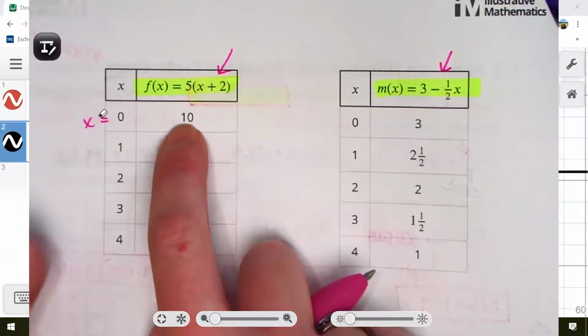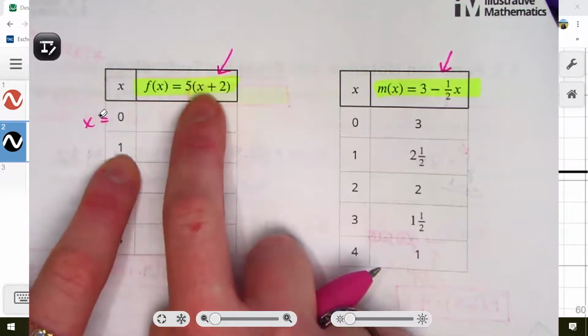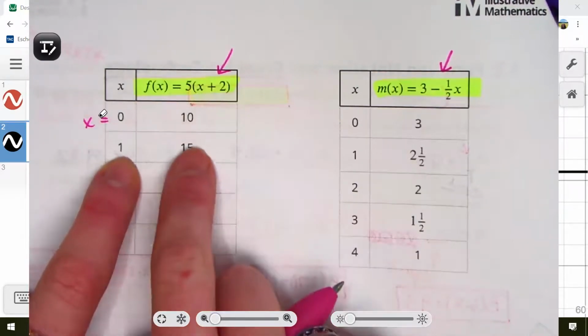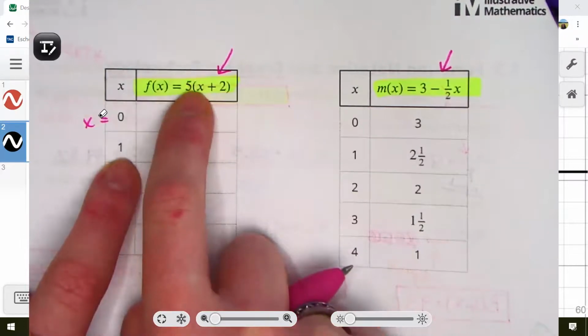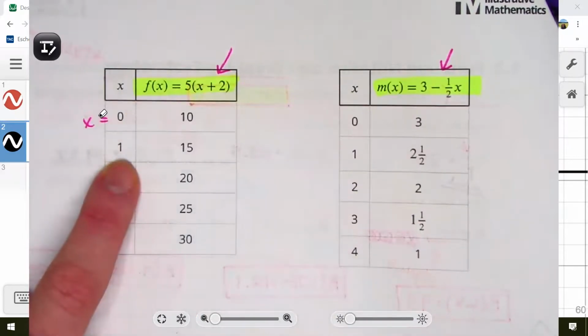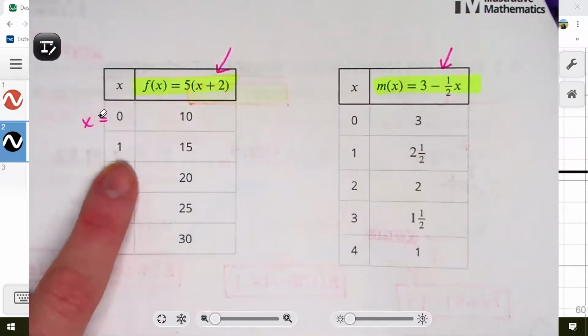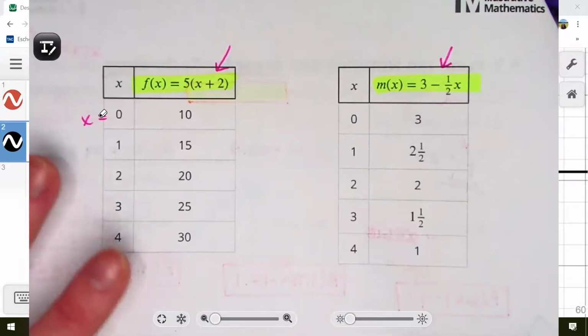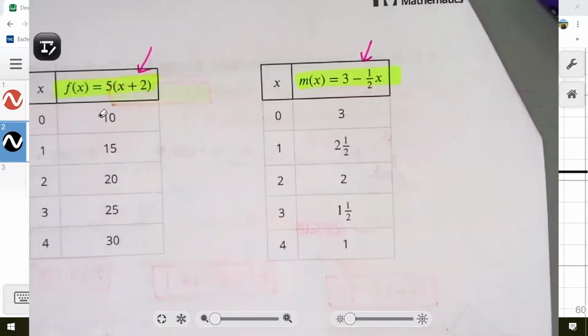That's my output. Let's try it one more time. What's 1 plus 2? What's 5 times 3? 15. All right. So these equations or these rules of your function are what you plug your input into to produce your output. All right. Same for this function over here.